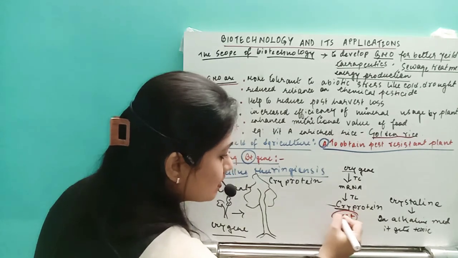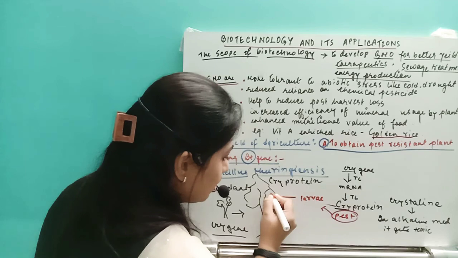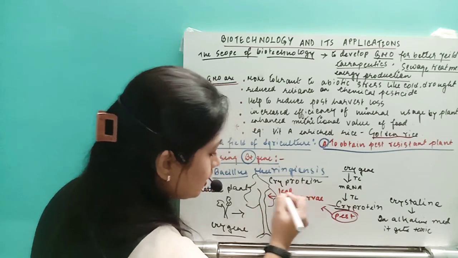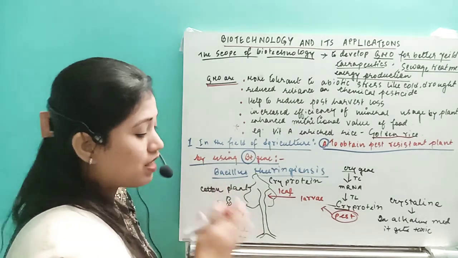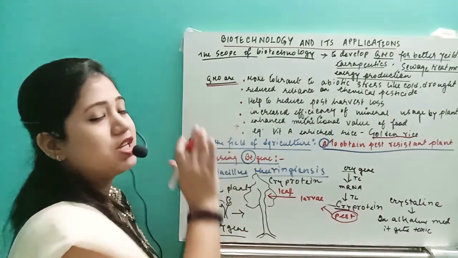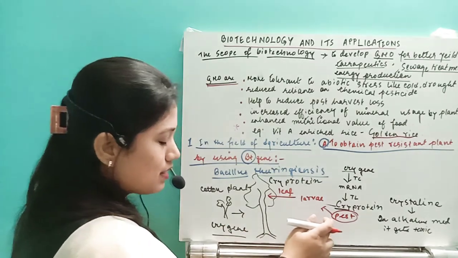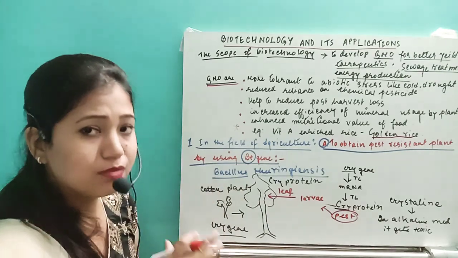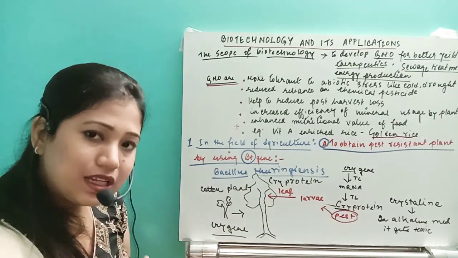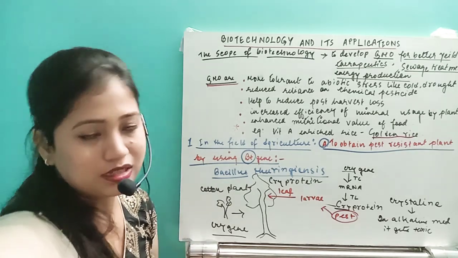So suppose a pest larva, okay, so this is one pest. If the pest larva takes the leaf of that transgenic plant, or GMO, same. So whenever this pest larva takes the leaf of that BT cotton plant, then inside the GI tract of the larva, that cry protein enters.